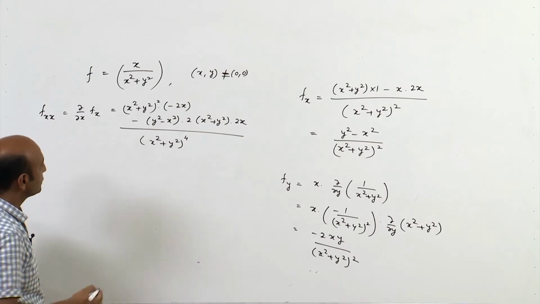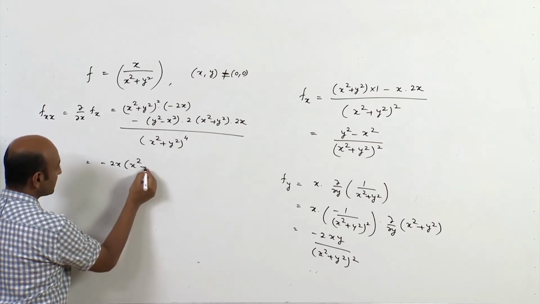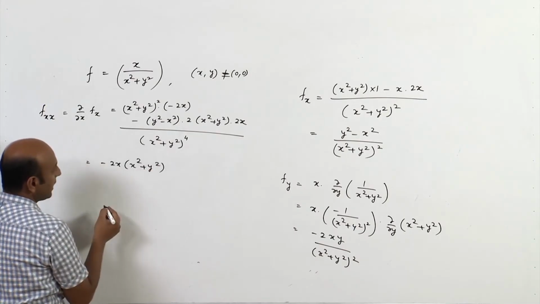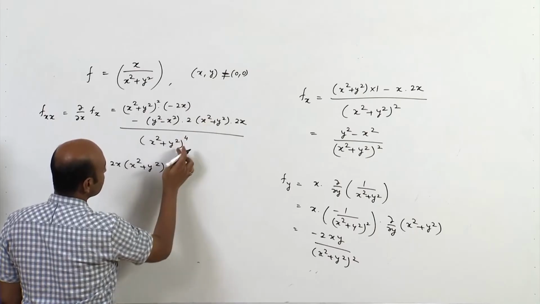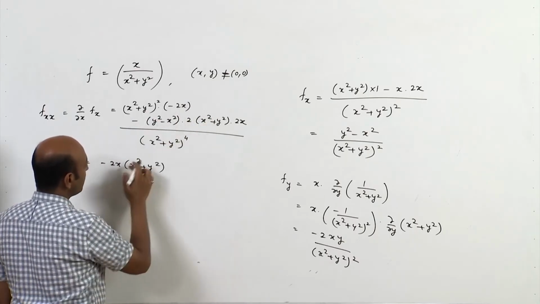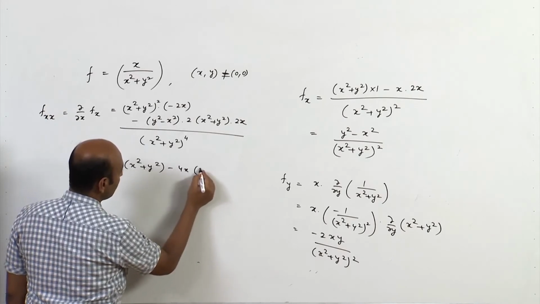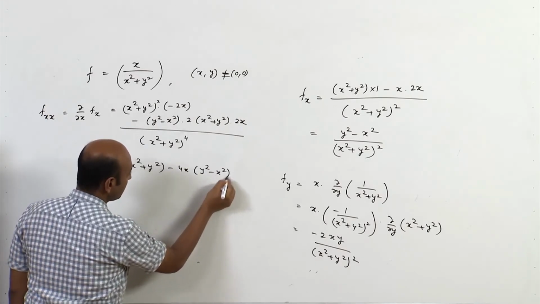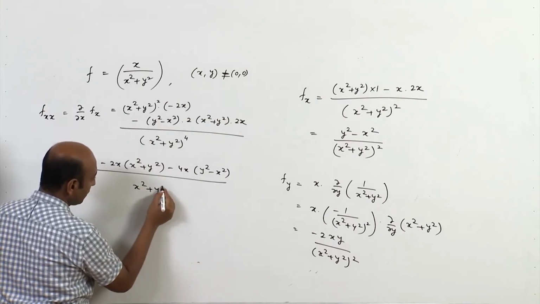Okay. So, this will be minus 2x times (x square plus y square), and it is x square plus y square, 1 is cancelled out, it is minus 2x square y square, and it is minus 4x y square minus x square upon (x square plus y square) whole cube.